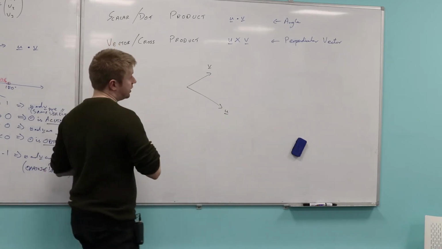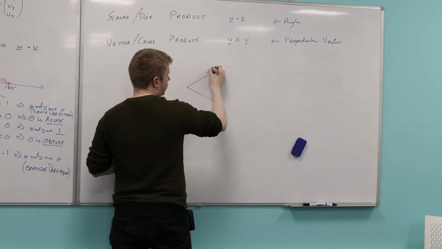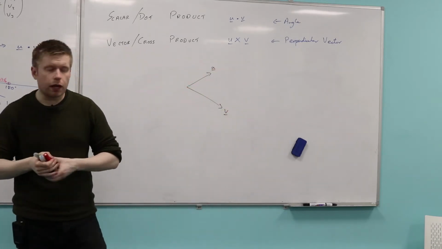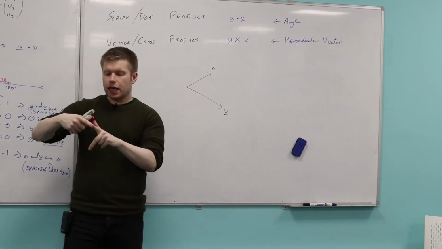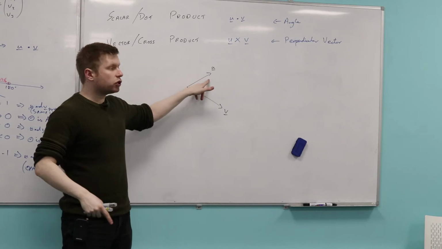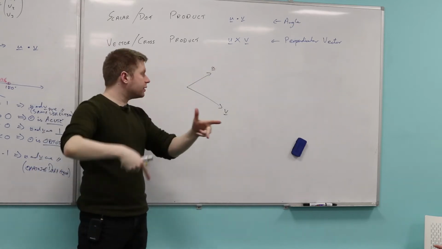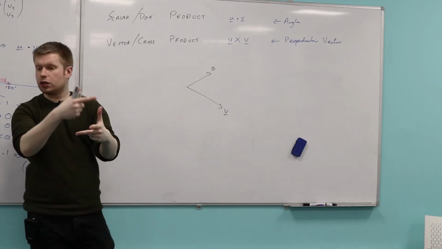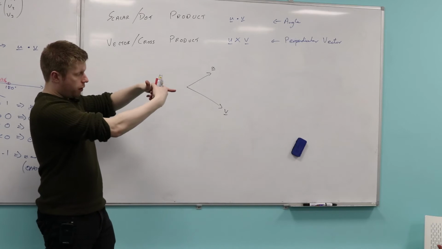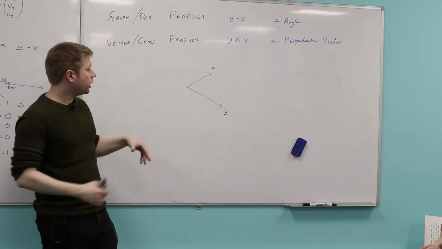So in actual fact, the u and v should be around the other way, if you want it towards you. So the vector coming towards you, but it does matter. If you imagine the first finger of your left hand is the u, it's always the first vector you start with. Your second finger of your left hand is the v. Then the perpendicular vector would be your thumb. So it's in that order: u, v, and then your thumb is the vector which you're finding. Make sense? Okay, good.